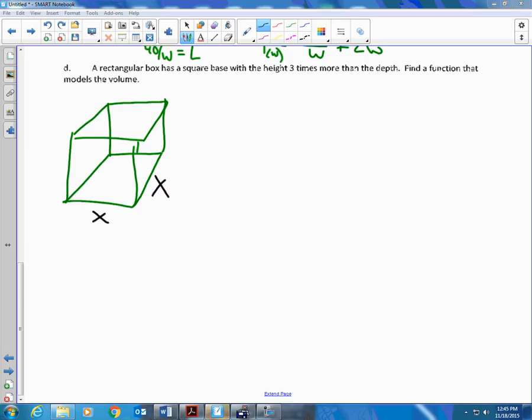X. What is the height? 3x. Find a function that models the volume. Well, the volume is equal to length times width times height. So if I multiply all those together, what do I get? 3x cubed. How's that? Is that okay?